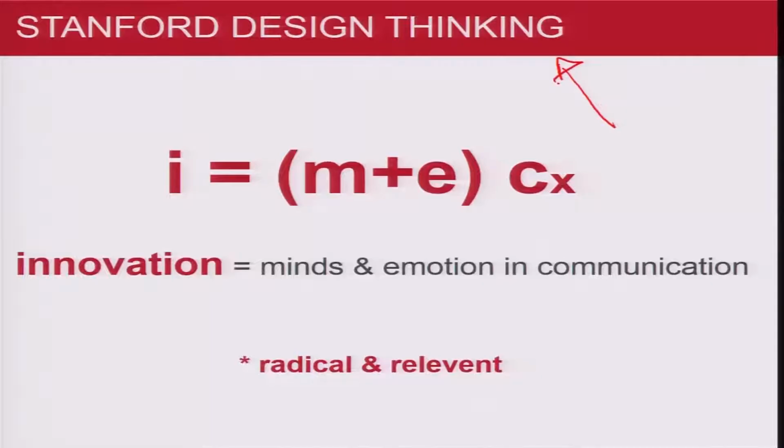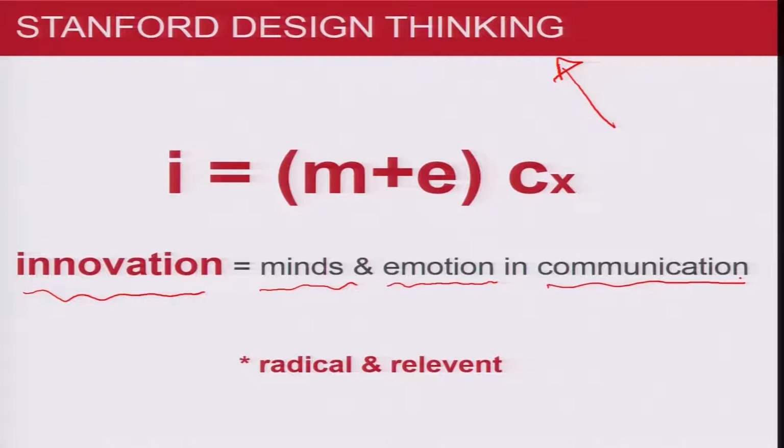So, the process definition says, and this is what the whole Stanford design thinking process is, that an innovation crops up when there are minds working together, there is an emotion involved in solving a need or a problem, or even an emerging problem, and they are continuously in communication with each other.